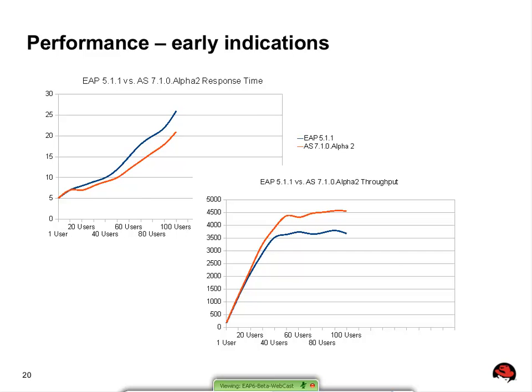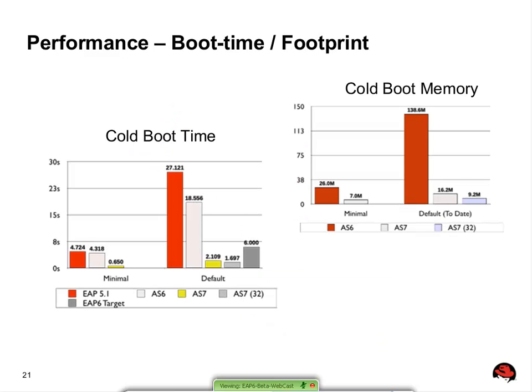So again, we're looking at, on these charts, both response time and throughput being the two major baseline benchmarks for throughput. Another aspect of performance is more and more around resource utilization. So the memory usage of EAP6 will be significantly lower than previous versions and our competitors as well.